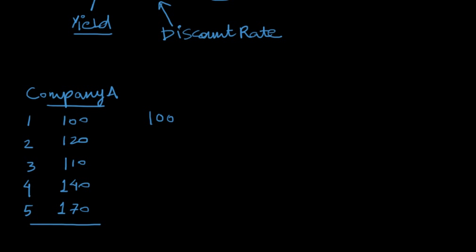So you'll calculate the present value of every year's cash flow. The first year's cash flow will be divided by 1.05 raised to power 1, because this is the first year cash flow. The second year cash flow, 120, will be divided by 1.05 raised to power 2, because we are trying to discount the 2-year forward cash flows to the current level.